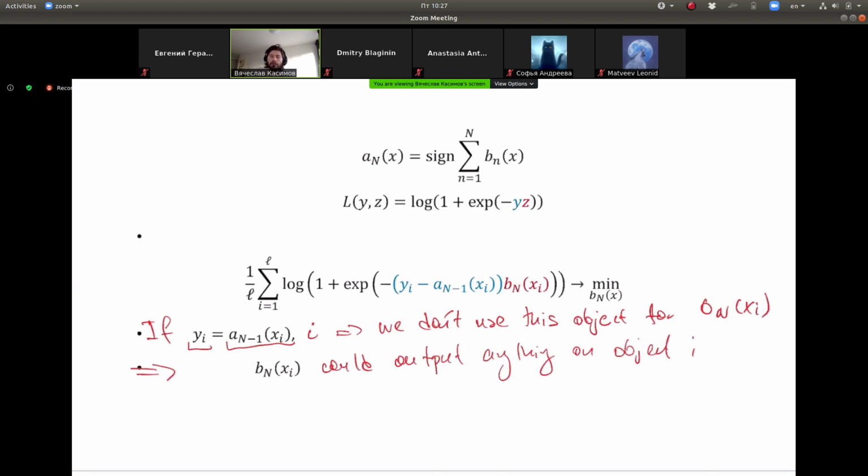So the conclusion is that this is not a general way. Introducing this kind of residuals into a general loss, which is different from MSE, is something wrong. We cannot do this. We need to develop further theory, further methods of learning boosting.